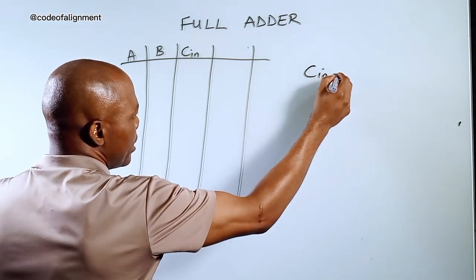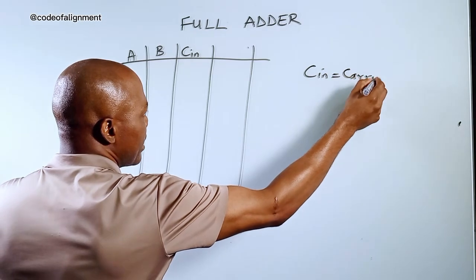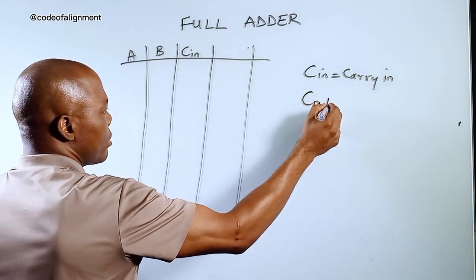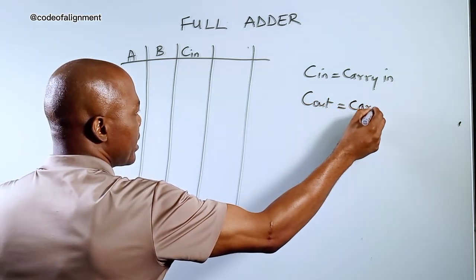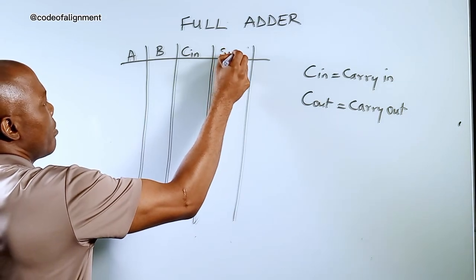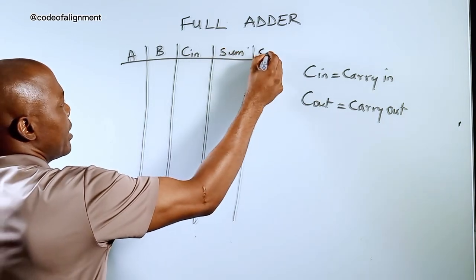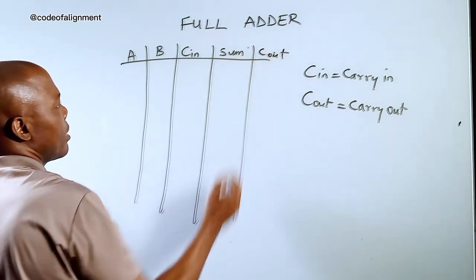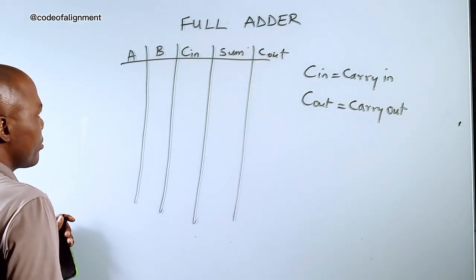So C in equals to what? Carry in, right? C out will be what? Carry out. So this place will give me sum as my output, and then let's call it C out, which is what? Carry out.